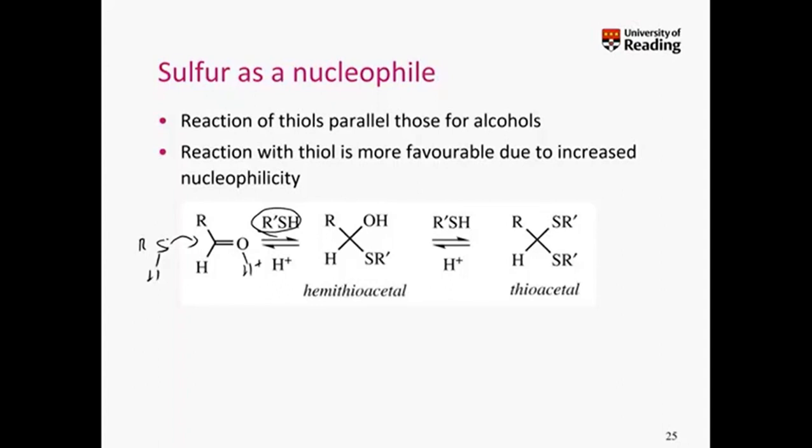So all of those reactions that we've just looked at, if you see them with SH rather than OH, you can follow exactly the same mechanisms. The mechanistic stuff is exactly the same, it's just you can do it with sulfur instead of oxygen. And you would have a hemithioacetal and you would have a thioacetal.